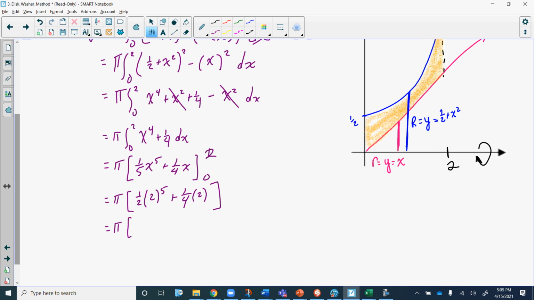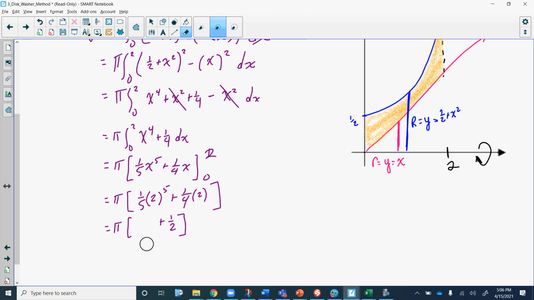So 2 to the 5th is what, 32? So that's going to be 32 over 2, 32 over 2. And 2 over 4 will be 1/2. So that'll be 33 over 2. No. Oh, no. Somebody's yelling at me here. Probably somebody's yelling at me, rightly so. I wrote my denominator wrong here. This is 1/5, 2 to the 5th.